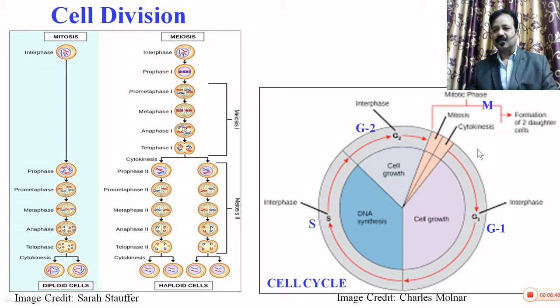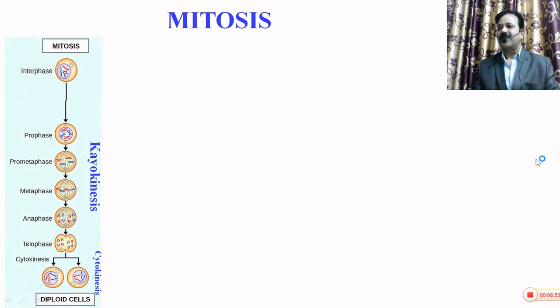The M phase is further divided into two phases: karyokinesis and cytokinesis. Karyokinesis is also called division of the nucleus, and cytokinesis is the division of cytoplasm.